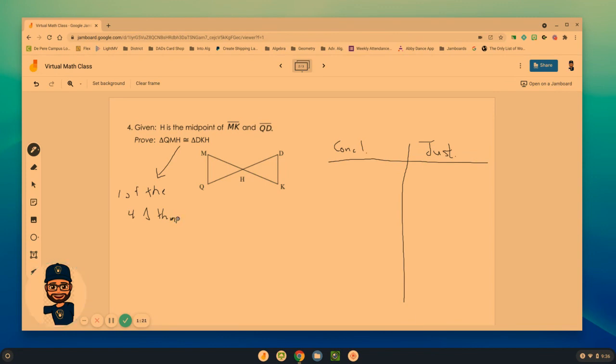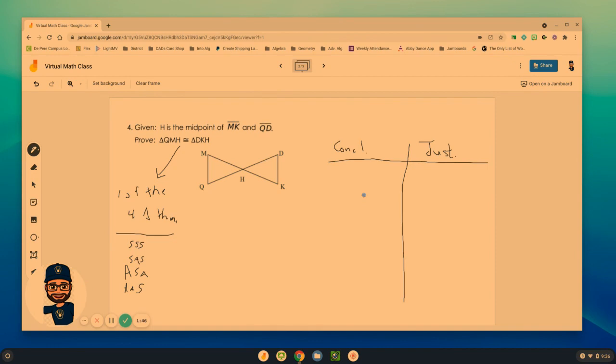We need to use one of the four as our last step: SSS, side, side, side. Side, angle, side. Angle, side, angle. Or what would the last one be? Angle, angle, side. So we're trying to get through this diagram to show that.